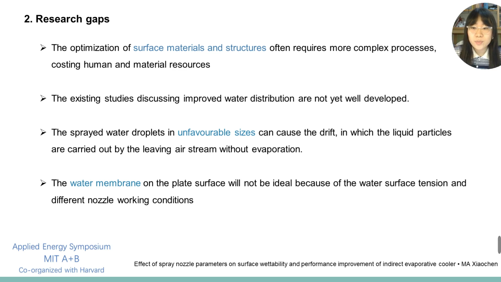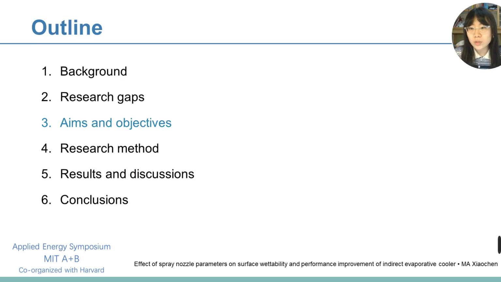Next, the spray water droplets in unfavorable sizes can cause drift, in which the liquid particles are carried out by the moving air stream without evaporation. And last, the water membrane on the plate surface will not be ideal because of the water surface tension and different nozzle working conditions. So in order to cover the research gaps, the aims and objectives were proposed.